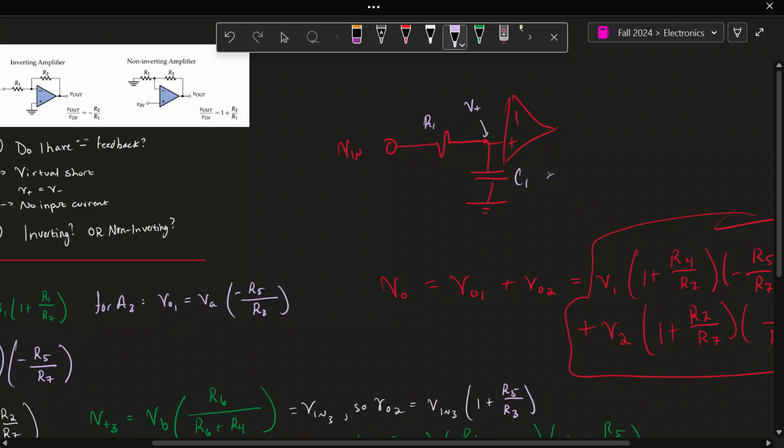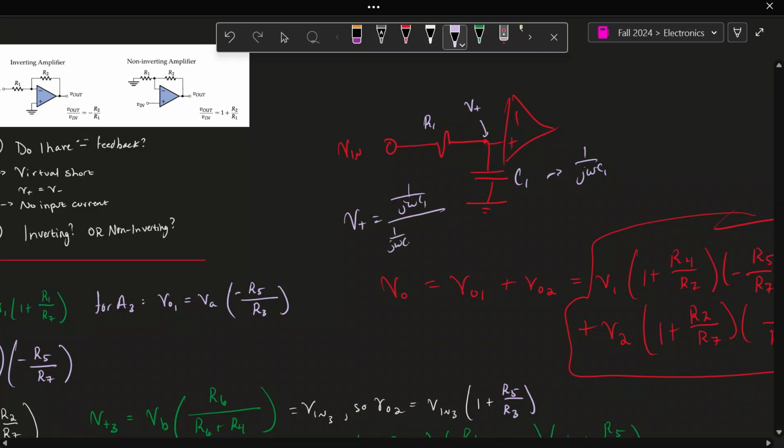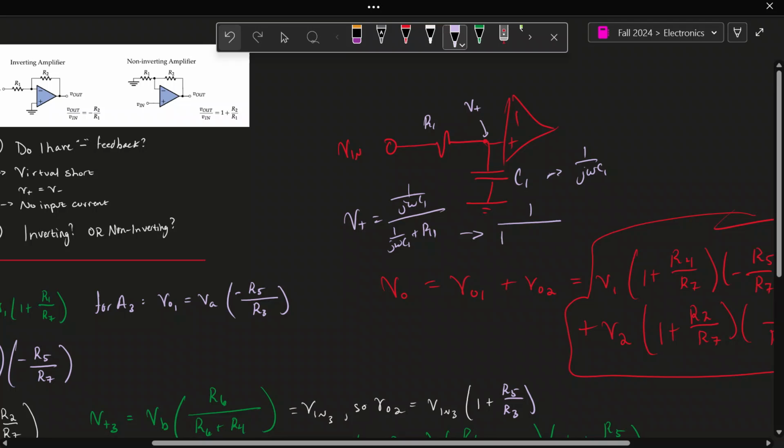And of course, if you have C, this becomes 1 over j omega C1. And then V plus would be equal to 1 over j omega C1 over 1 over j omega C1 plus R1. Almost every single time, you'll want to simplify this. So this will become 1 over 1 plus j omega C1 R1.